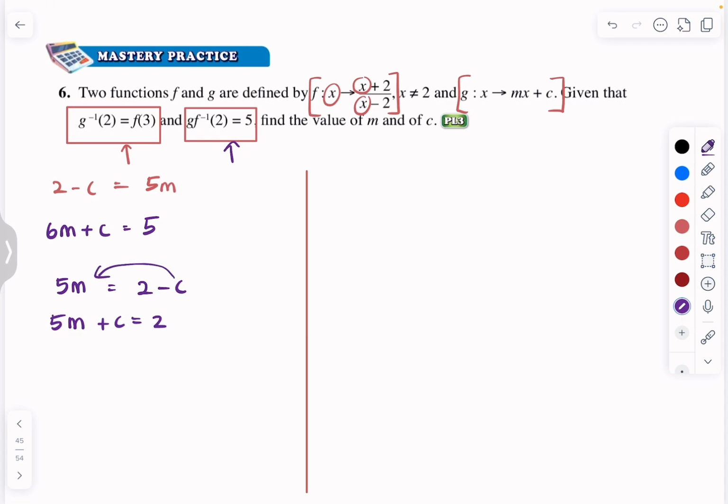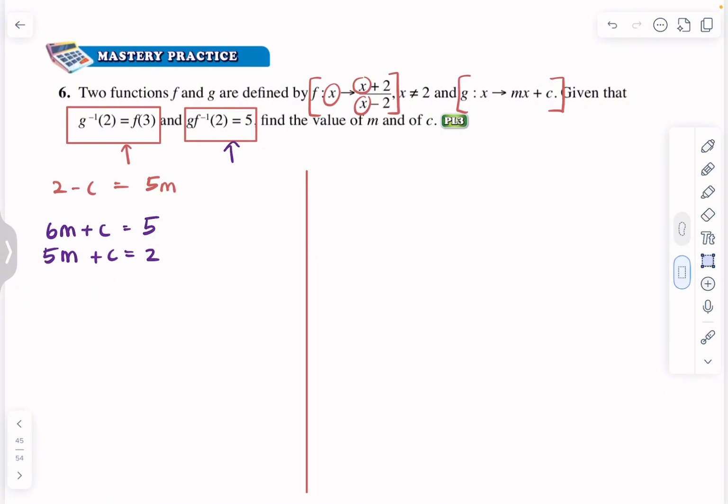So now we take this equation and this equation and solve simultaneously. So c and c you want to get rid of, you just minus. Equation 2 minus equation 1. 6m minus 5m is m, c minus c, nothing, 5 minus 2 is 3. Therefore, m is 3.